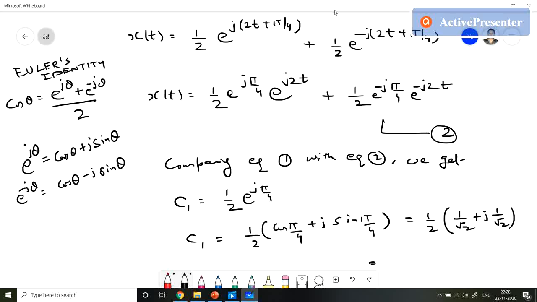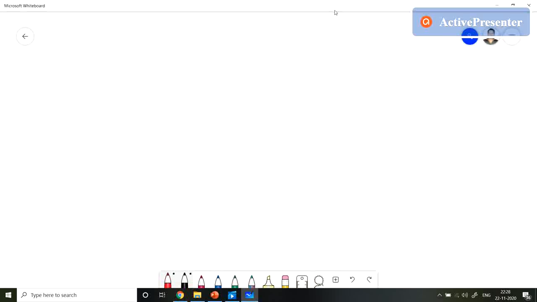So C1 is equal to (1 plus j) divided by 2 root 2, and C minus 1 is equal to (1 minus j) divided by 2 root 2, and c_k is equal to 0 for all values of k with modulus of k not equal to 1.